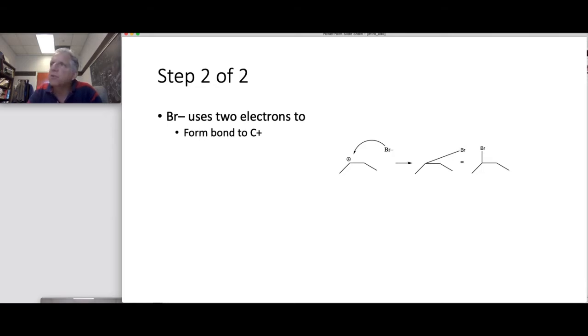The equal sign shows you that I'm just redrawing it in a neater fashion. The Br- is the nucleophile. It has a minus charge. Lots of nucleophiles have minus charges. The carbon plus is the electrophile. It's the whole 2-butyl cation. That whole thing is the electrophile, but the electrophilic center is the C+.